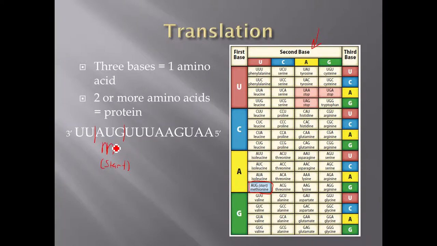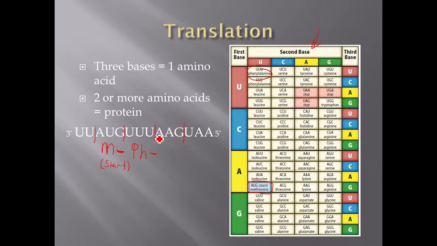Once AUG is discovered, then it starts coding every 3 letters. So let's take a quick look. So my first one's methionine. Now UUU, let's look it up. UUU is right here, and that stands for phenylalanine. So I'll put a PH right here for phenylalanine.